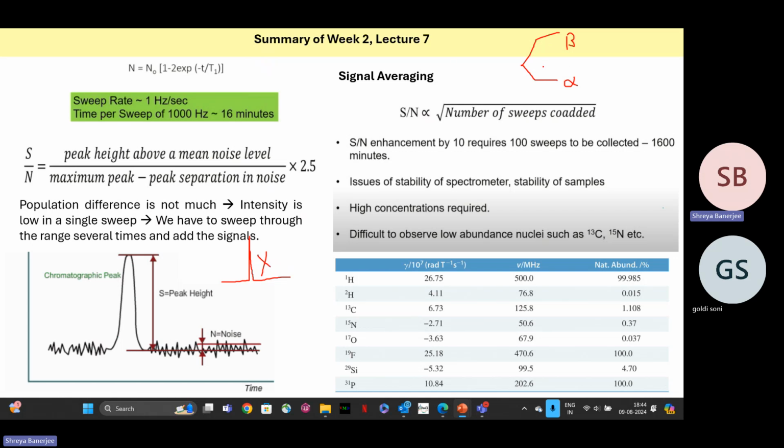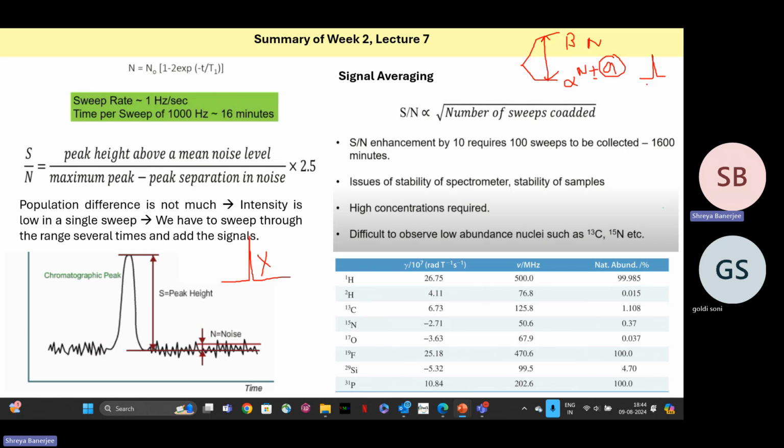If the population difference is low, it is only the population difference that is giving us the peak. So suppose alpha has a population of n plus 9 and beta has a population of n. It is these 9 protons that give us the spectrometer peak. So if this number is very small, then we will get a very small peak.